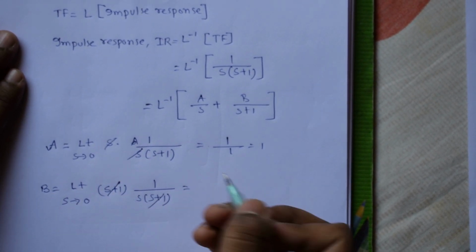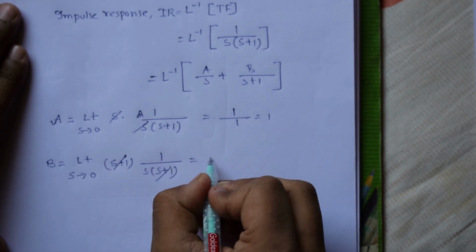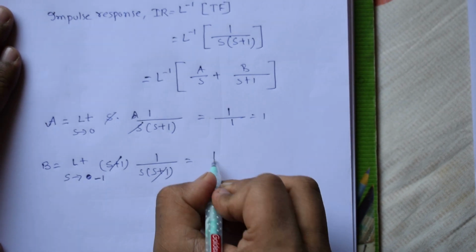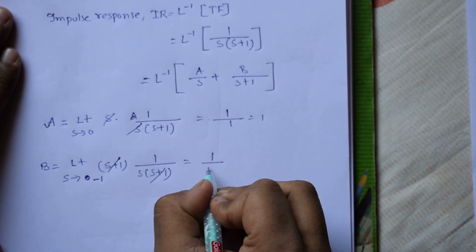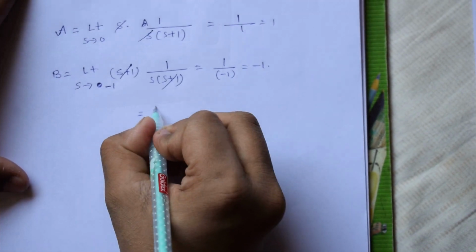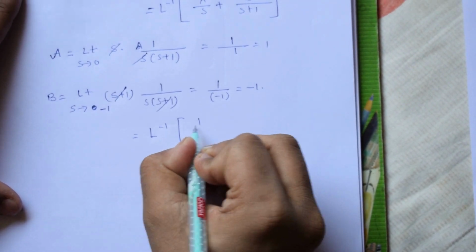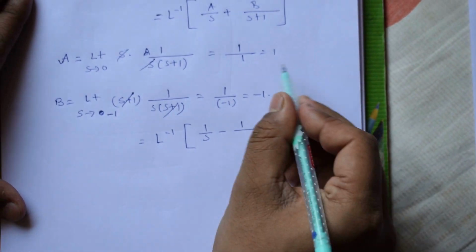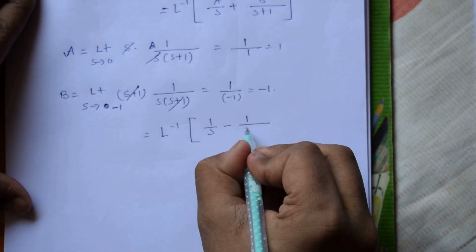You can do it by any method. Here the value of a is 1 and the value of b is minus 1.